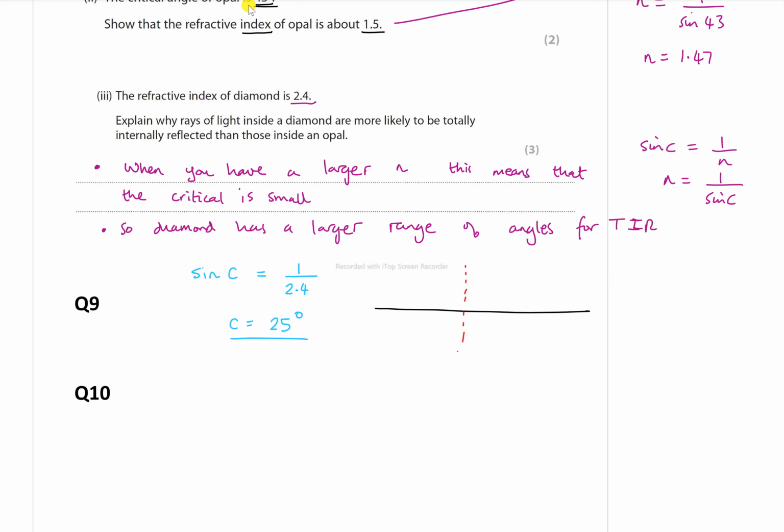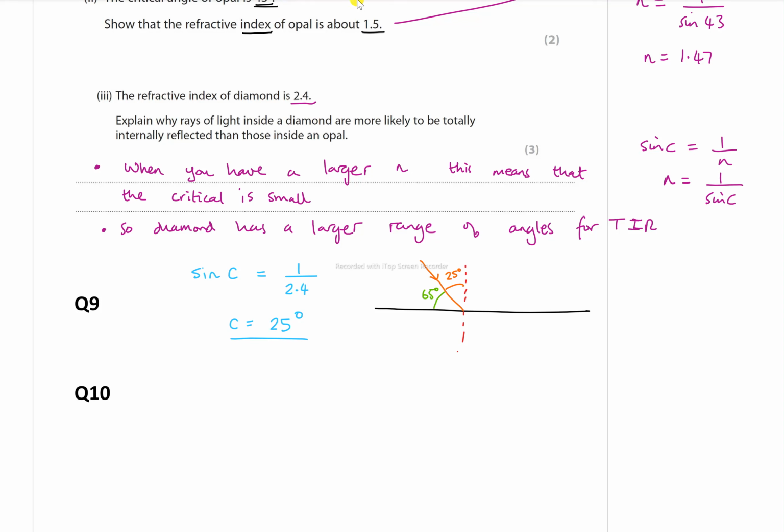For diamond, the ray that comes in has to be at 25 degrees. Anything more than 25 degrees, you get total internal reflection. So you have got 65 degrees where it's going to be totally internally reflected.